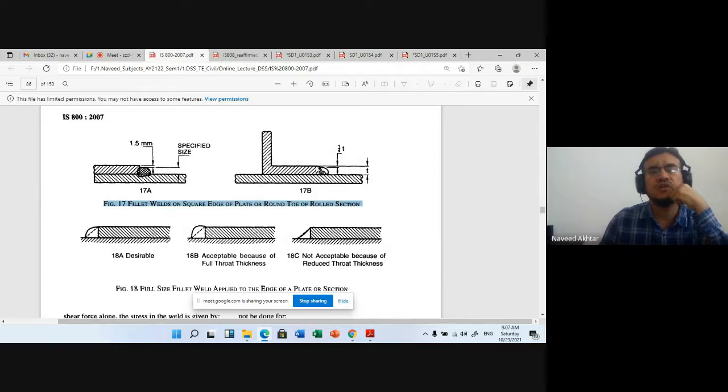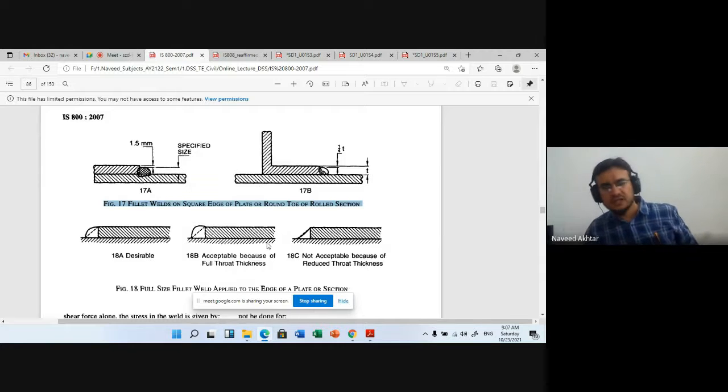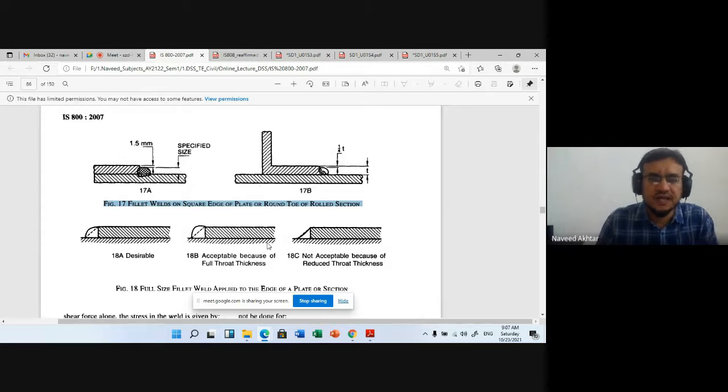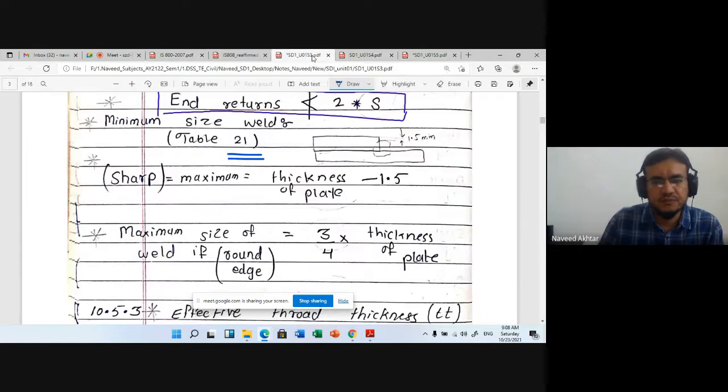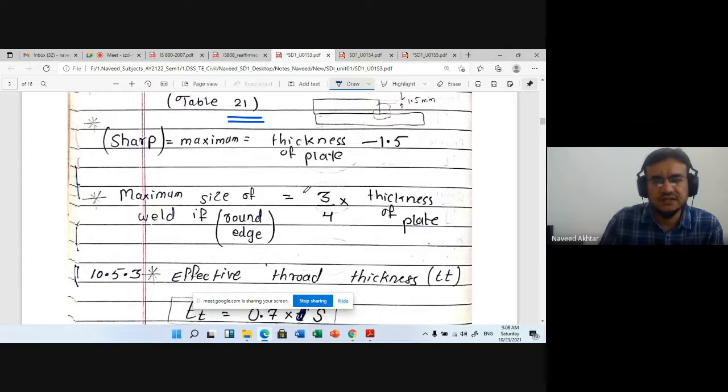Or if there is a round edge, if you are using a rolled section, then the maximum size of the weld will be T minus T by 4. T minus T by 4. Or you can say that the maximum at the round edge is 3 by 4th of the thickness of your plate.